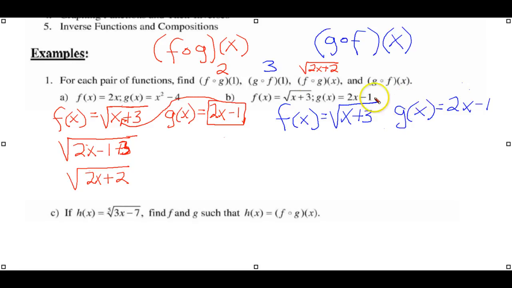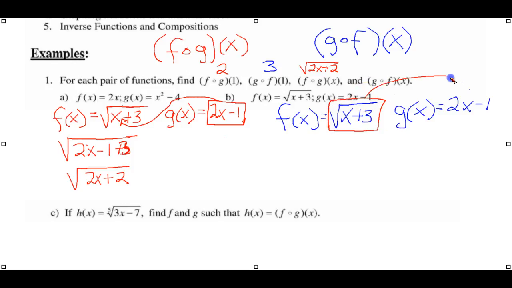Alright, now again, having this set up saved me a lot of time, but I want to be sure you understand what's going on. So here we have G composed of F when we're going to substitute the X. So here, this is our F function. So in a sense, our new X is this.